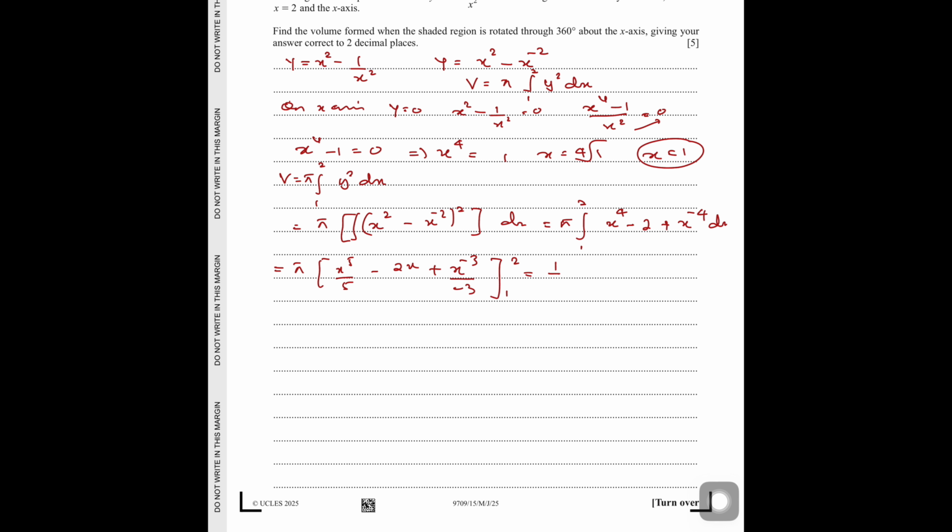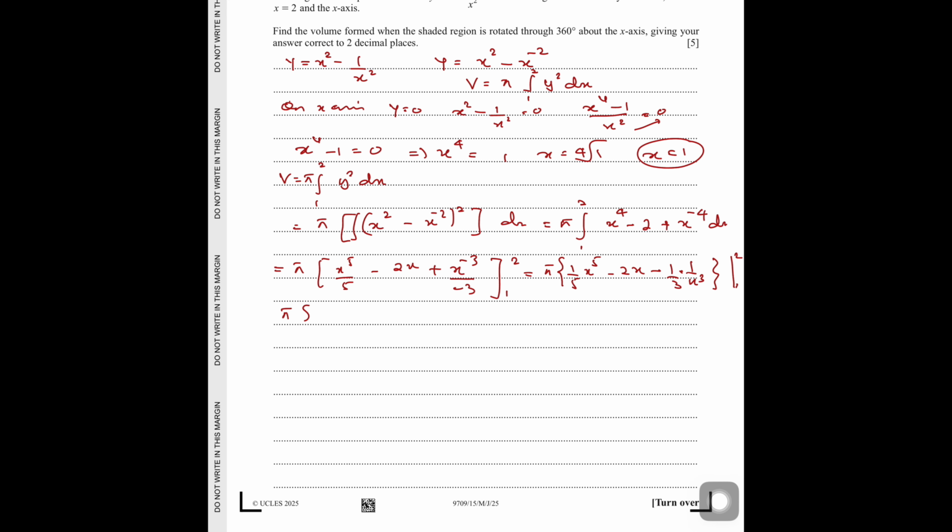Let me write like that to make it a bit simpler for you. Pi, 1 over 5 x to the power 5 minus 2x minus 1 over 3 x to the power negative 3, 1 to 2. So x to the power negative 3 can be written as 1 over x cubed also.